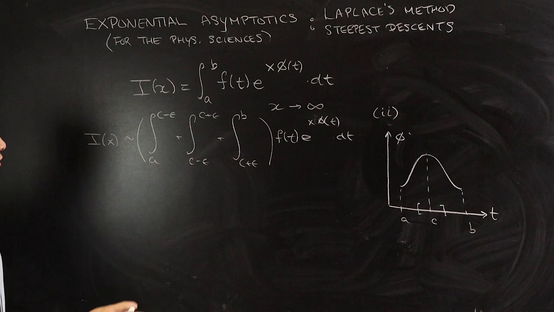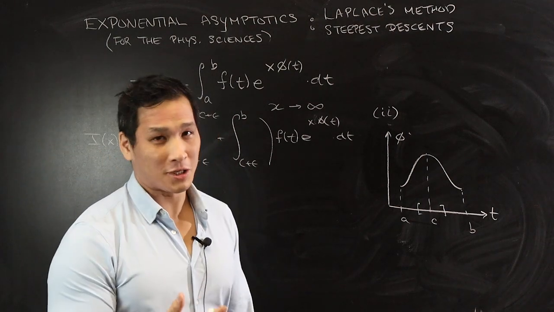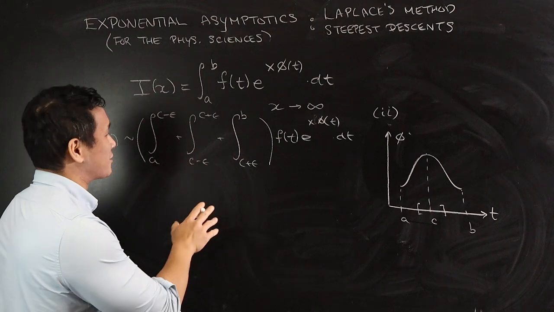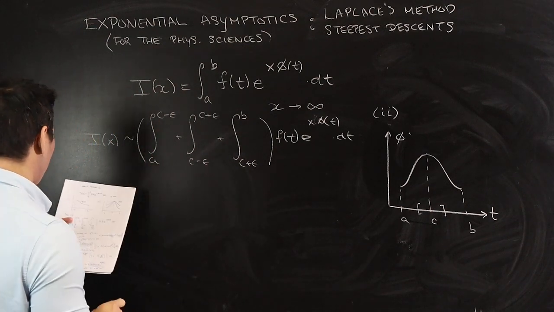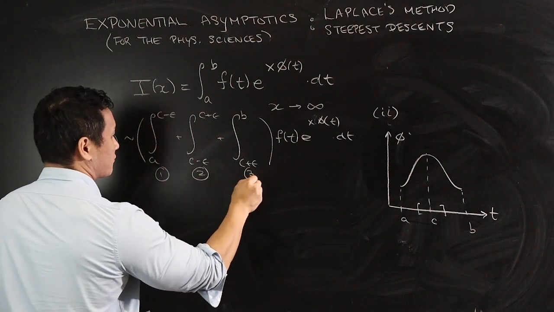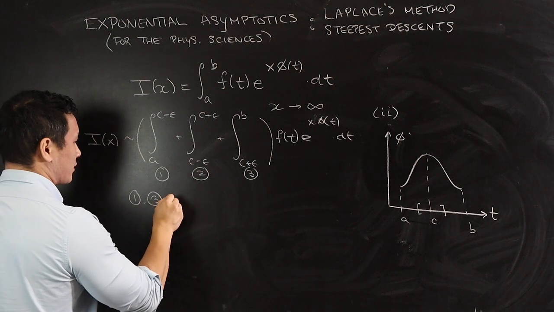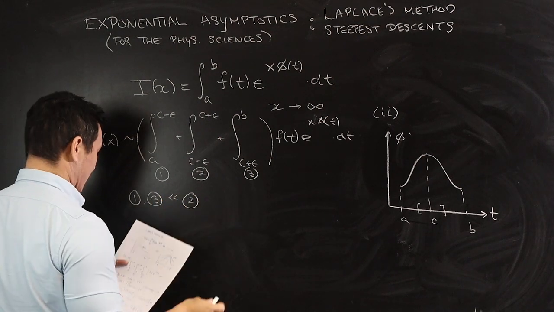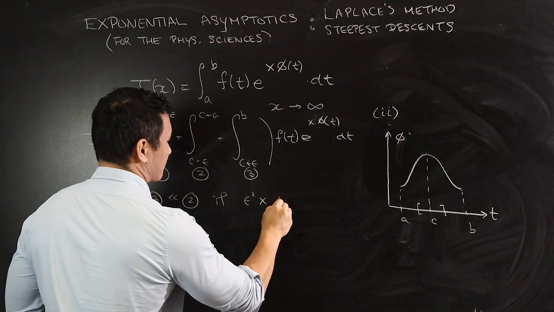So you can refer to the notes, which I have to upload the most updated version of the notes, but once I do so after today's lecture, you'll see there's an estimate that you can derive, which is if I call this 1, 2, and 3, then 1 and 3 will be much smaller than 2 as long as epsilon squared times x is much less than 1.